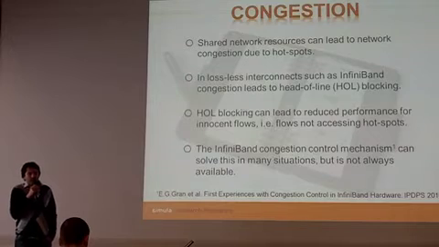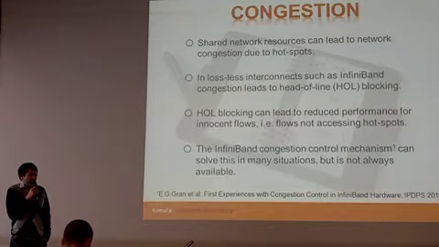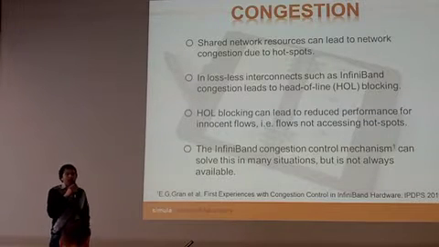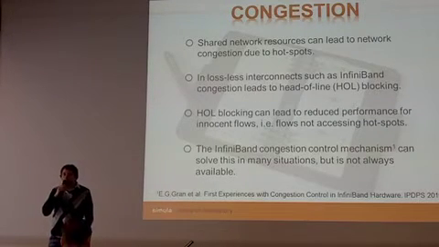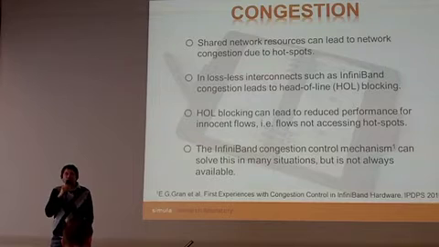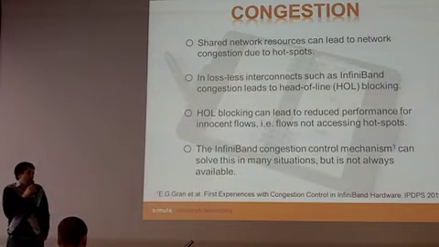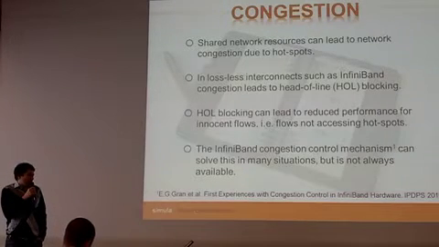And head-of-line blocking is the core problem that we need to solve, because this reduces the performance of flows not accessing the hot receivers. So basically they are considered innocent flows when congestion occurs, and we commonly call them victim flows.